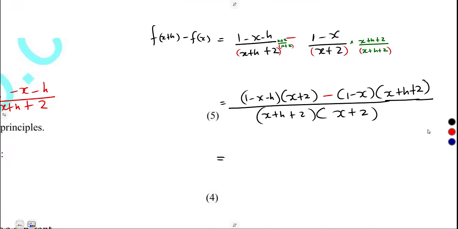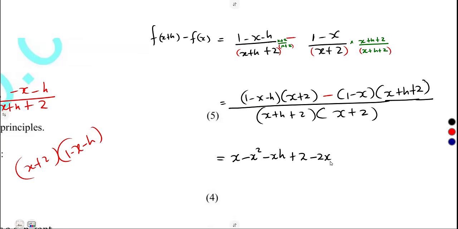So guys, I want you to expand the brackets. You know how to expand here. You simply take x plus 2, and it multiplies everything in that bracket. So it's x plus 2 into 1 minus x minus h. You multiply by x, you multiply by 2, then simplify. If you do that expansion on the first one, we're going to have something like x minus x squared minus xh plus 2 minus 2x minus 2h.